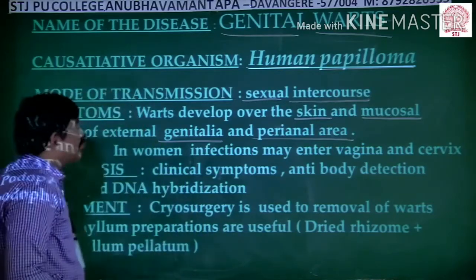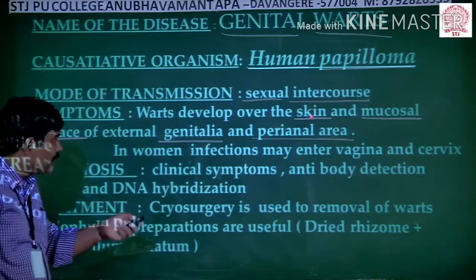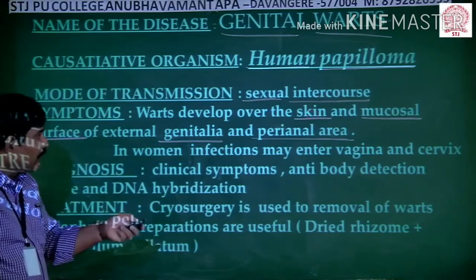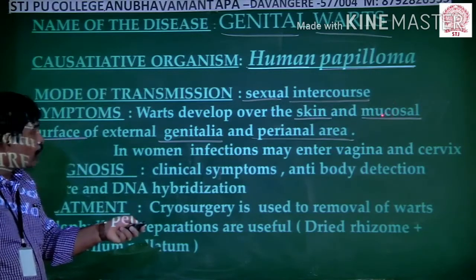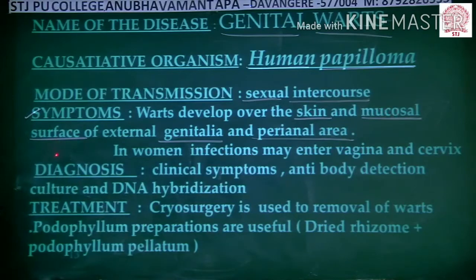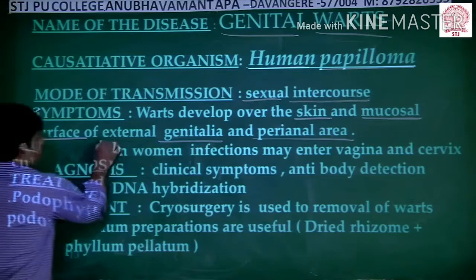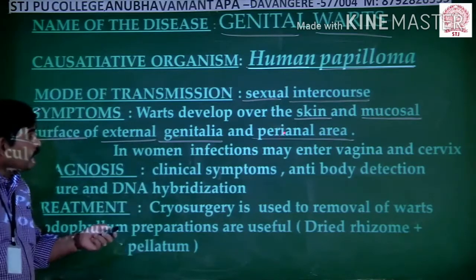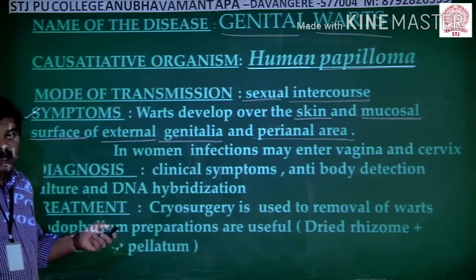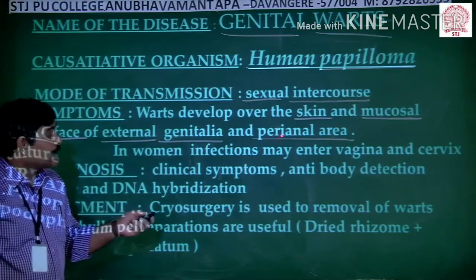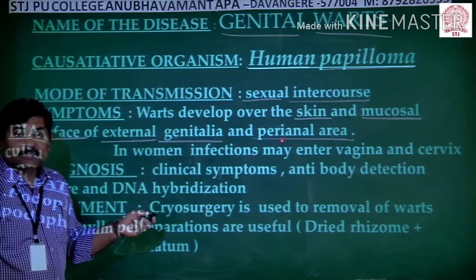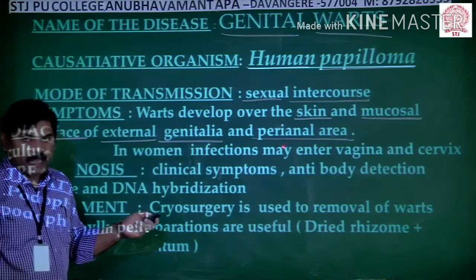As I said, these genital warts are seen on the skin, and they even develop on the mucosal surface of the external genitalia, and thereafter in the perianal area, which as I said earlier means around the anus.